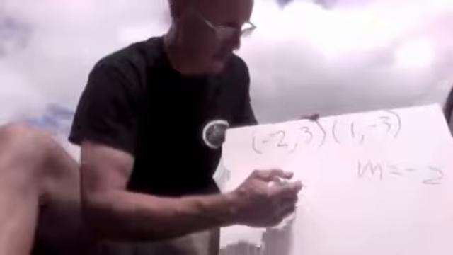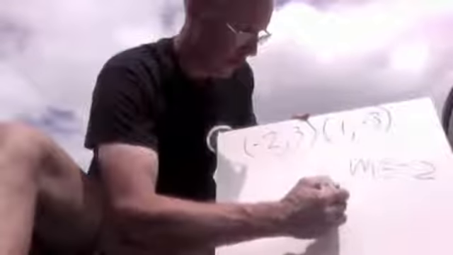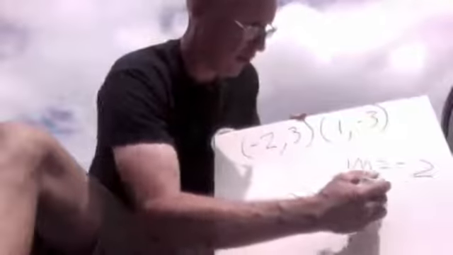Okay? So now we're at the starting place of where we were before. Now we have a slope, and we have a point, and actually we have 2 points, so we can pick either one. Let's pick this one. So we rewrite this. Remember, it's going to be y equals mx plus b.